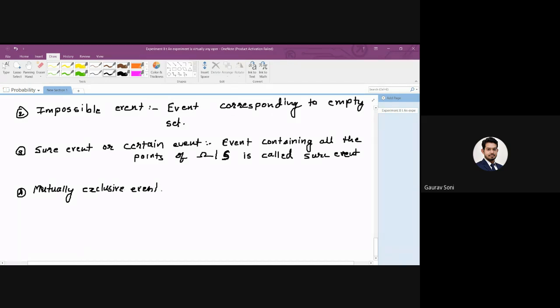I won't write the other name of this, I'll leave a space. If the occurrence of one event excludes the occurrence of another event. Can you repeat that? If the occurrence of one event excludes the occurrence of another event. Okay. Anything else?